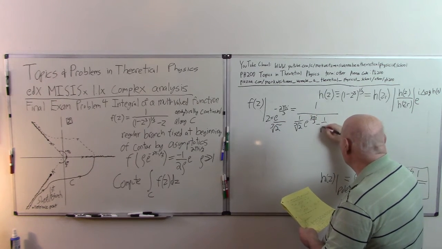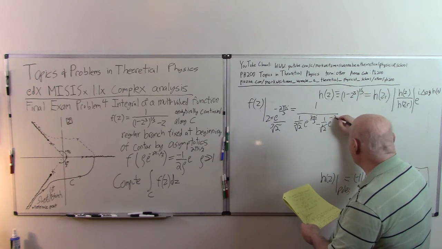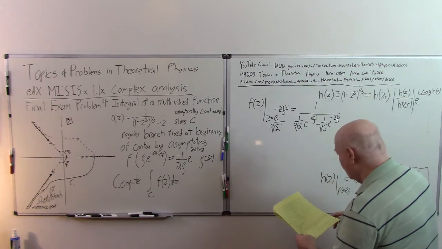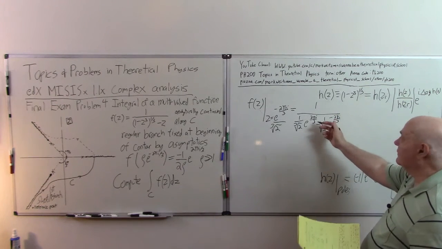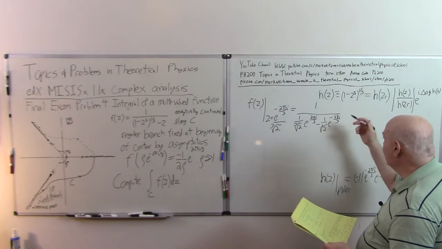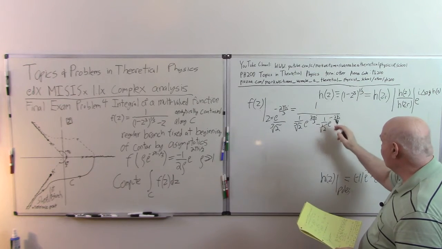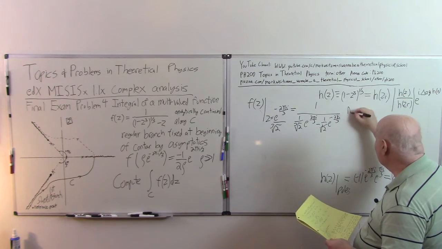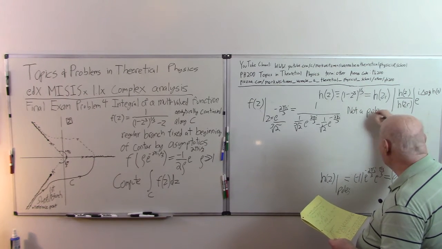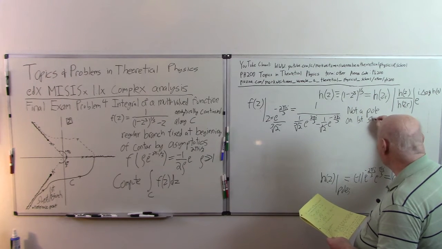Minus 1 over the cube root of 2 times e to the minus 2 pi i over 3. Now, whether you want to simplify and turn these into sines and cosines doesn't matter to me, but the main thing is this does not vanish because we have a plus here and a minus there. So this is not a pole, at least not a pole on the first sheet. Sheet or branch.